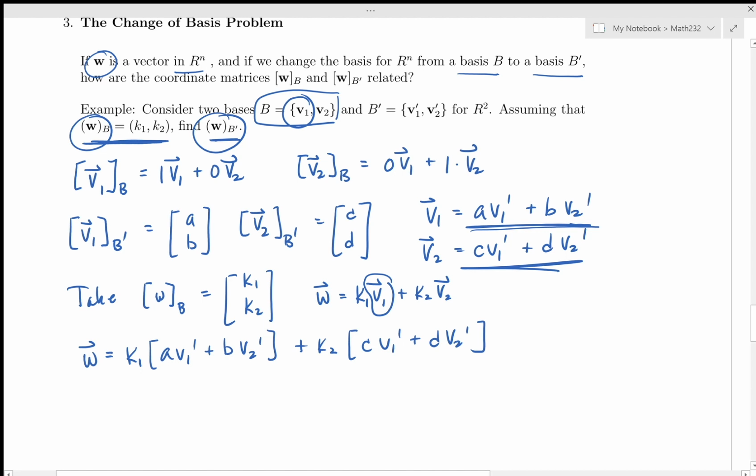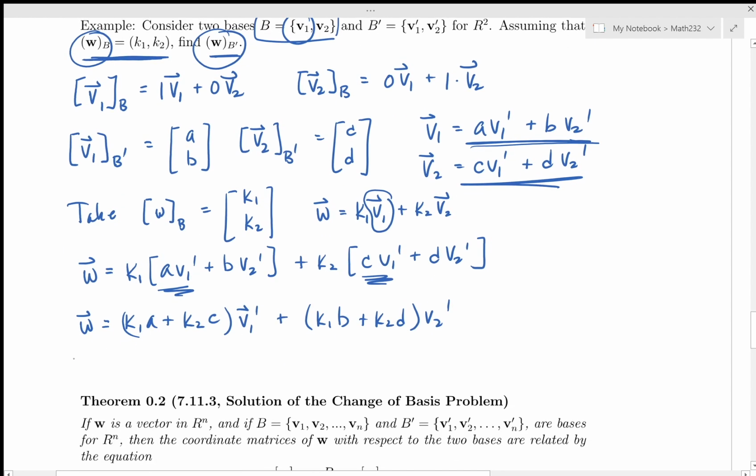By arranging the terms and collecting them together, w is equal to (k1 a plus k2 c) times v1 prime plus (k1 b plus k2 d) times v2 prime.